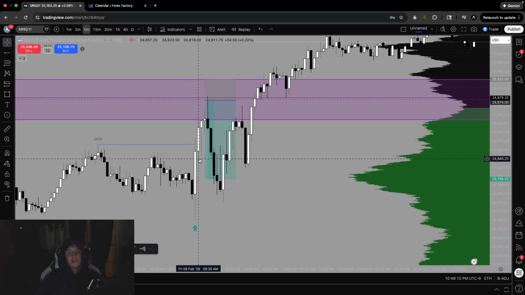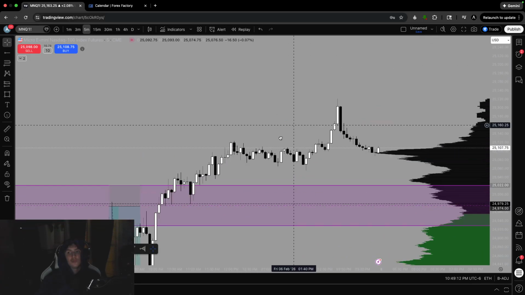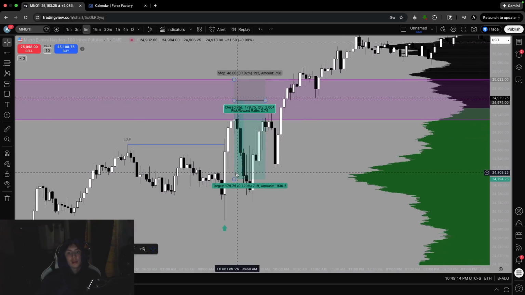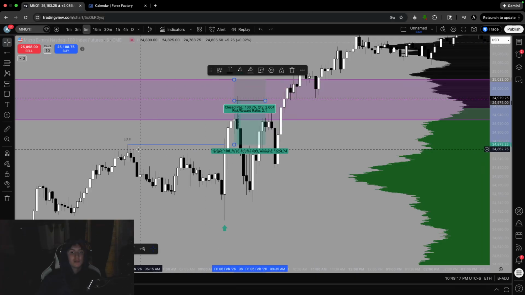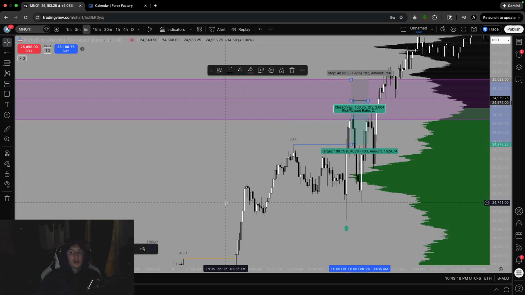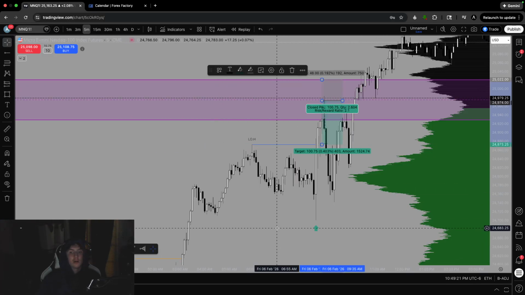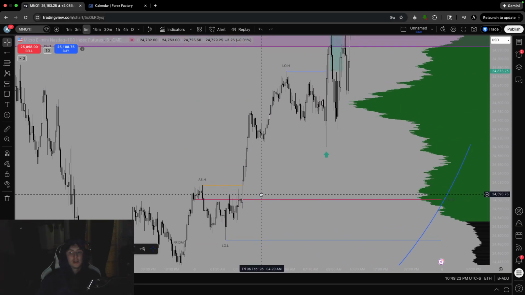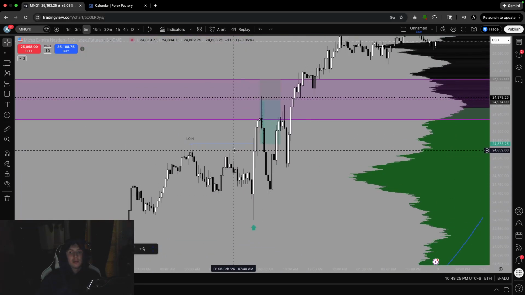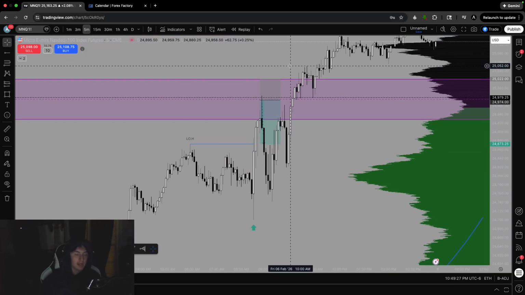And as you can see, we filled it, and then we immediately kept moving up. I did not, though. I took profits at this wick right here, because we are in a pretty heavy uptrend, and I thought maybe we'll just react off that. But I was up $1,200, and so I took that profit.